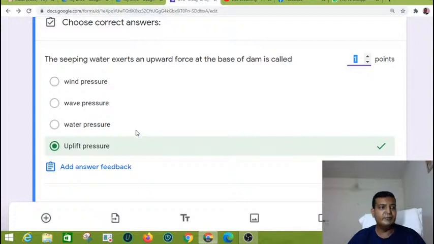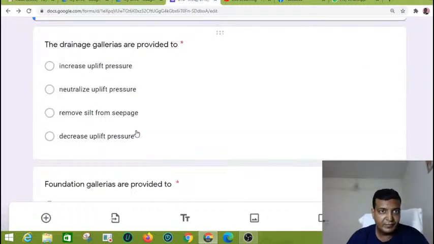Once we are reading the objective, try to put your answer in the chat box. Next, the drainage galleries are provided to increase uplift pressure, neutralize uplift pressure, remove silt from seepage, decrease uplift pressure.